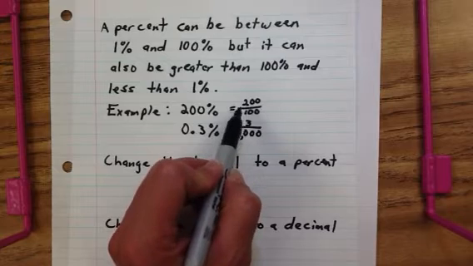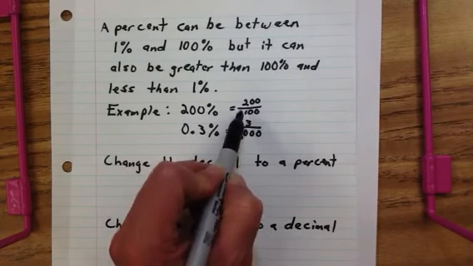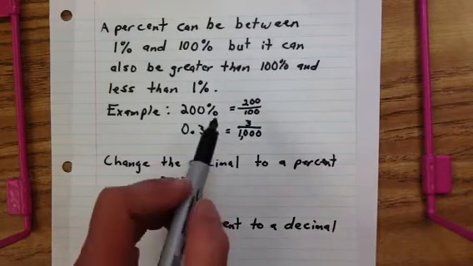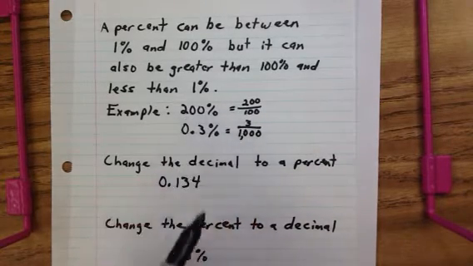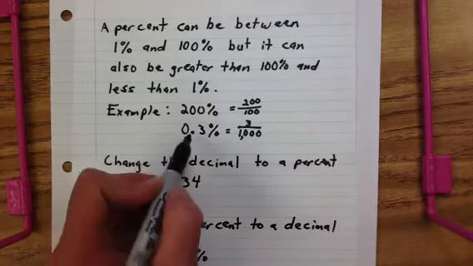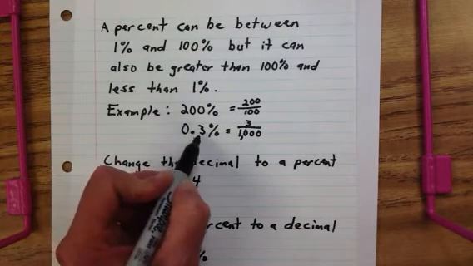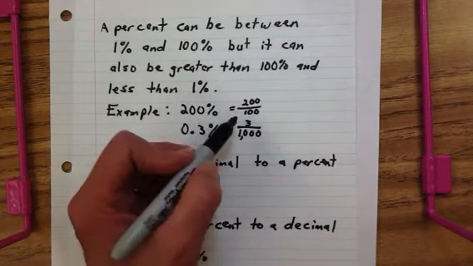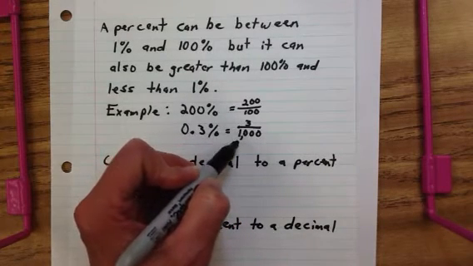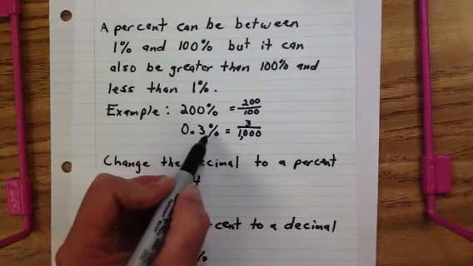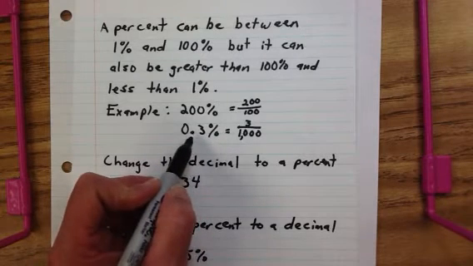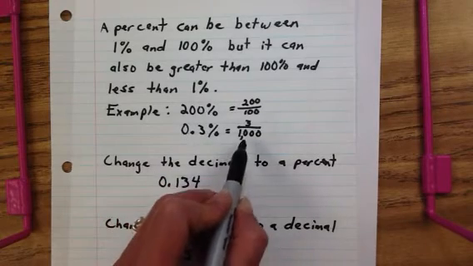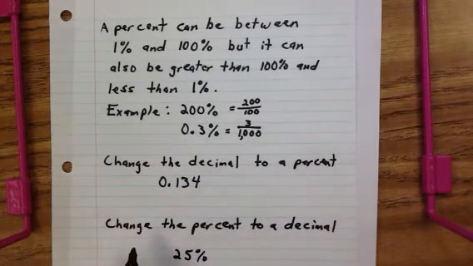That would be 200 per 100, or 200 as my numerator, 100 as my denominator, and that's a fraction representation of 200%. Now, if I have 0.3%, that would be represented as 3 per 1,000, because notice it's not even 1%. So that would be in the thousandths place indicated by this decimal, 3 to 1,000.